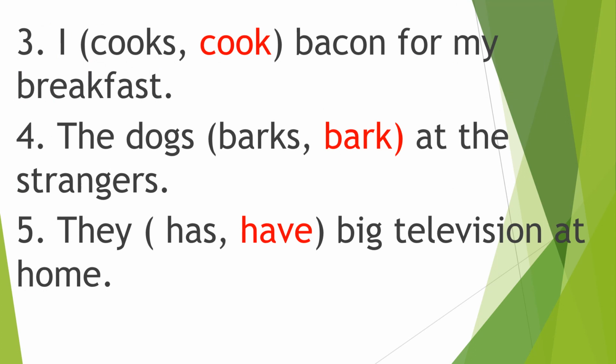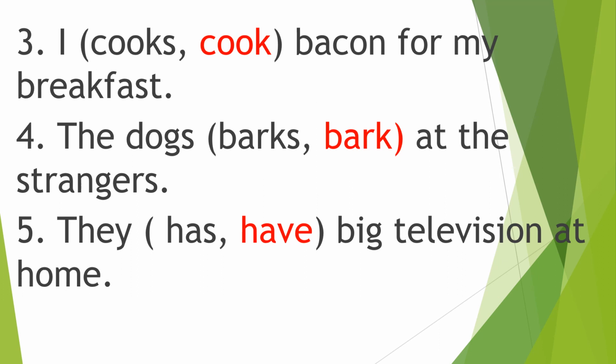For number 3, I cook bacon for my breakfast. Now, the subject in the sentence is I. This is first person singular, and it goes with a plural verb, as it is stated in the rule. So the correct verb form here is cook.